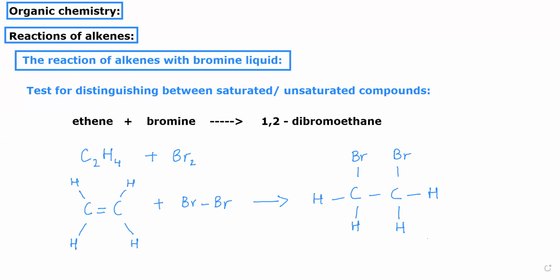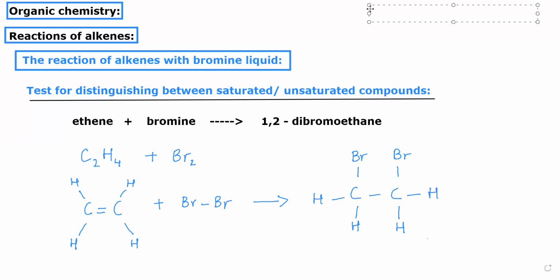And when we talk about how this reaction happens, what is the observation? As I said, this is the test to distinguish between saturated and unsaturated compounds. So I write here observation. With alkane, it stays orange.